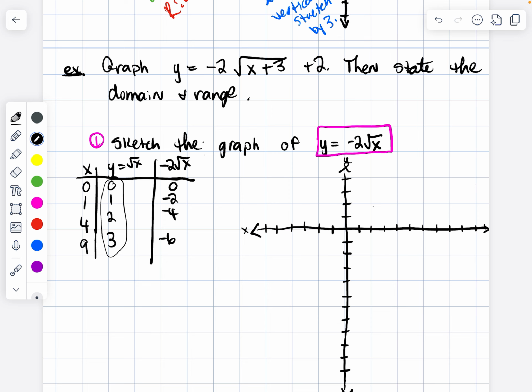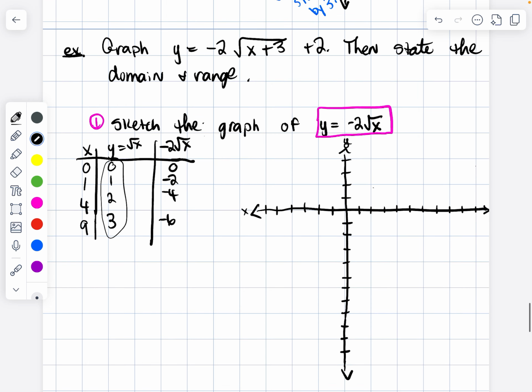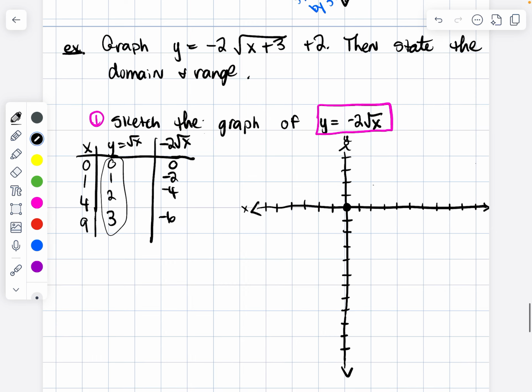Okay? So when we graph this, all right, we're going to go 0, 0, right? 1, -2. 4, -4.